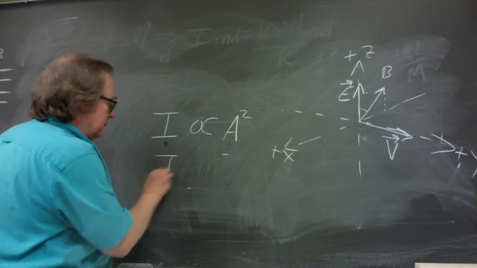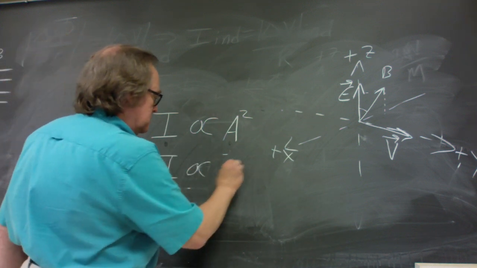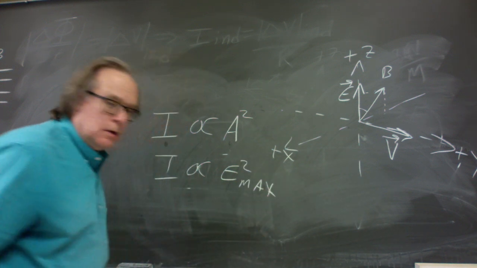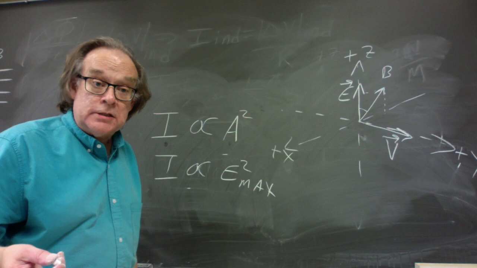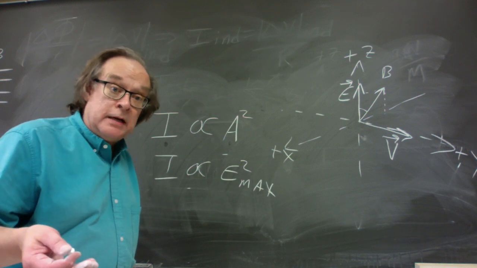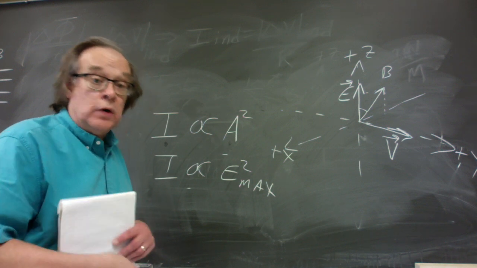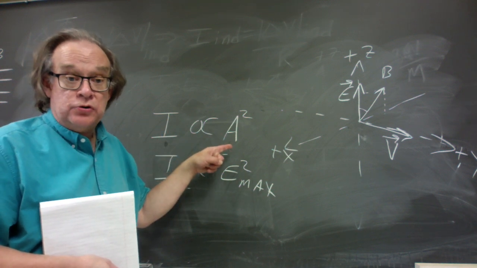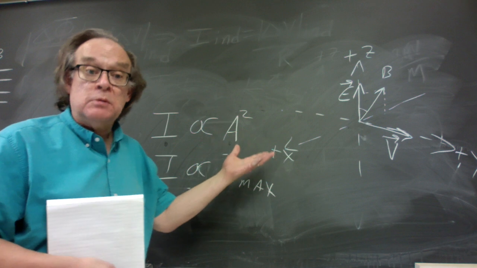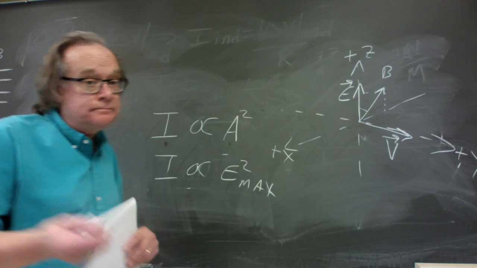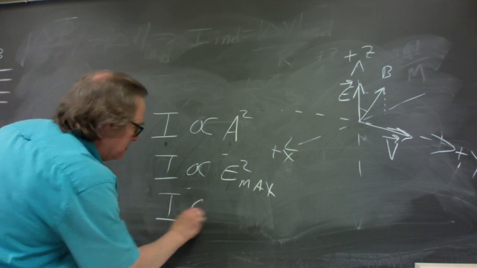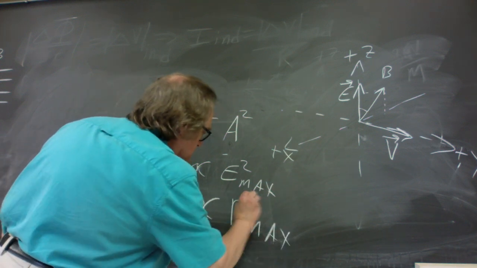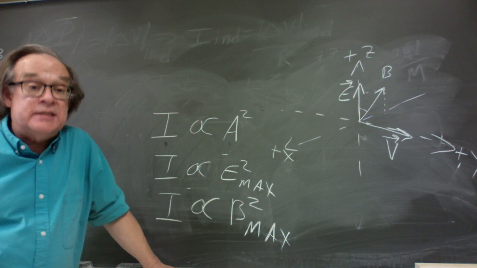But it's not the only thing that's oscillating. Magnetic field is also oscillating. So, being a wave, the intensity of the electromagnetic wave is proportional to the square of the maximum value of whatever is oscillating. So we could just as easily say that.